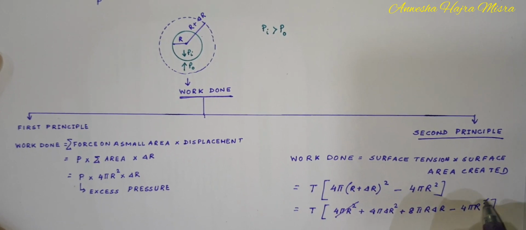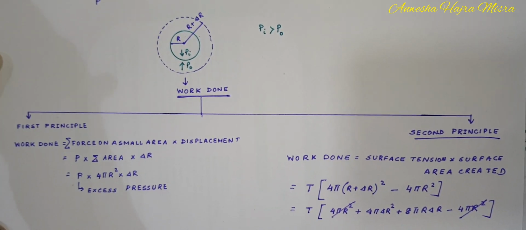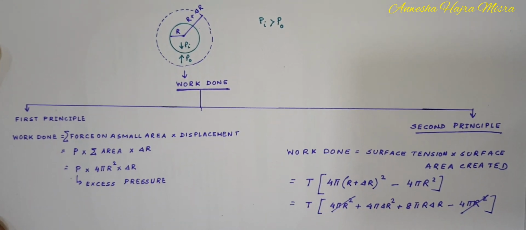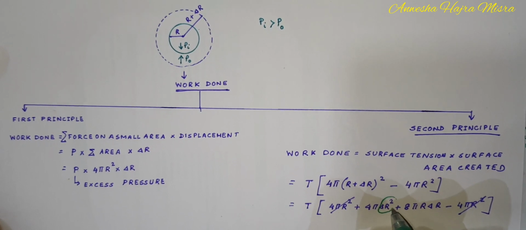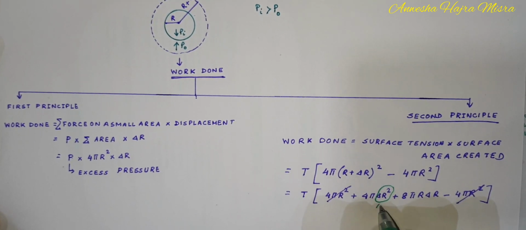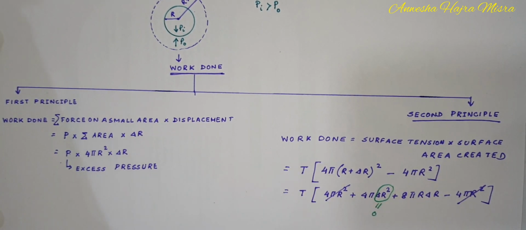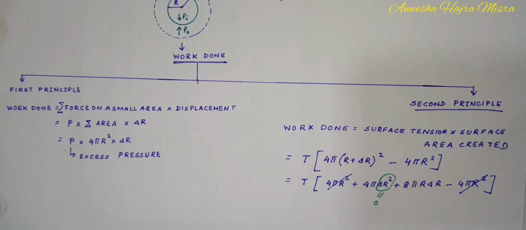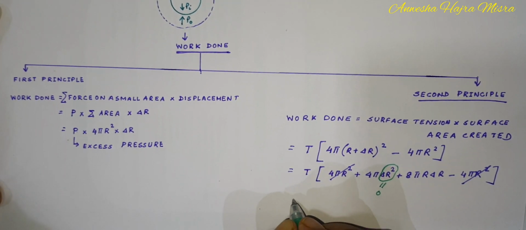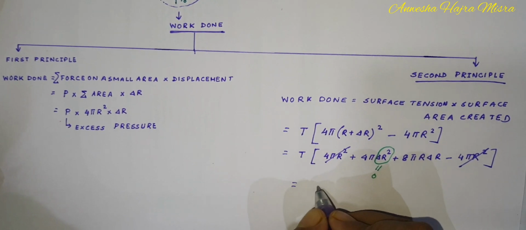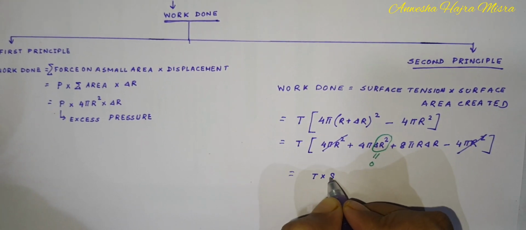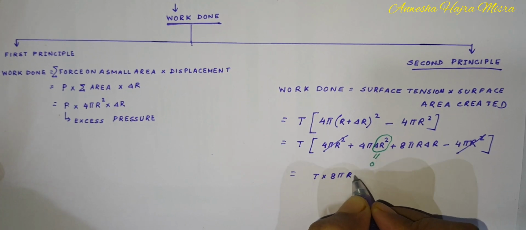Now these two terms cancel. Delta r is very small, and a square of a very small quantity is negligible, so this becomes 0. So this work done becomes T into 8 pi r delta r.